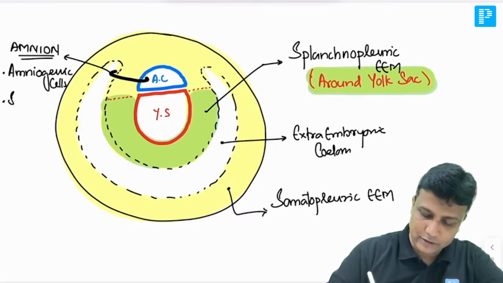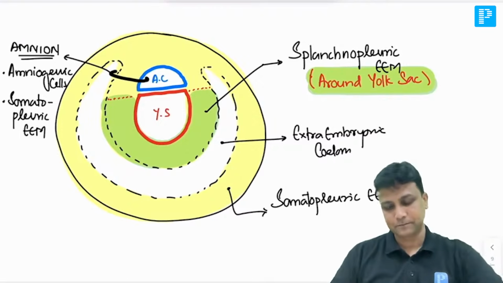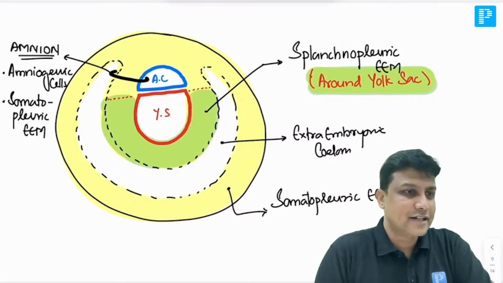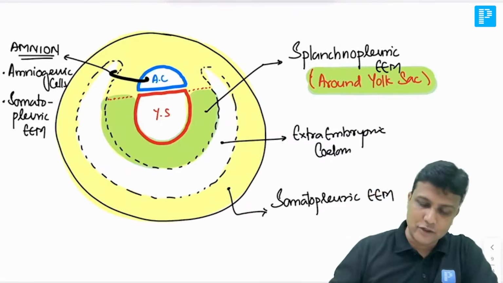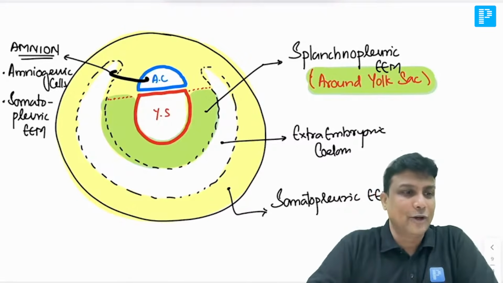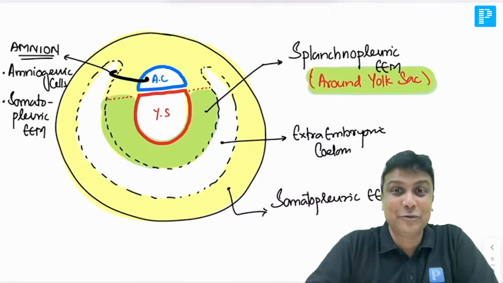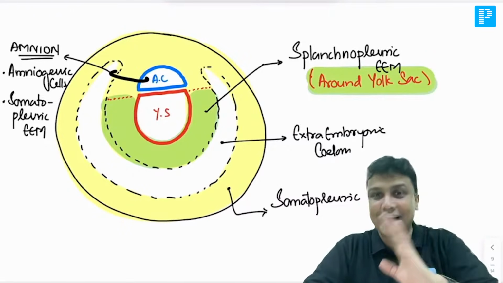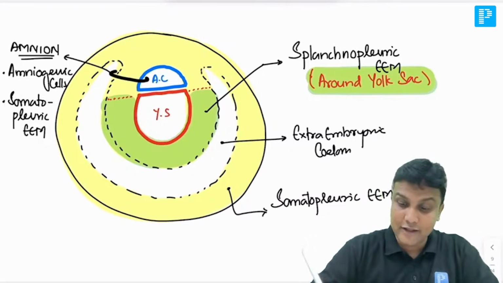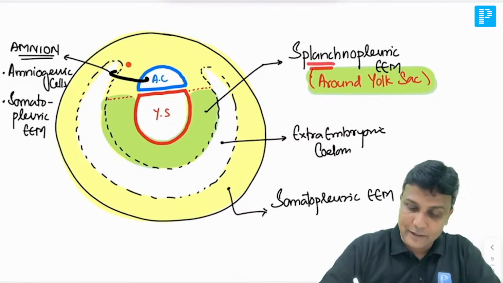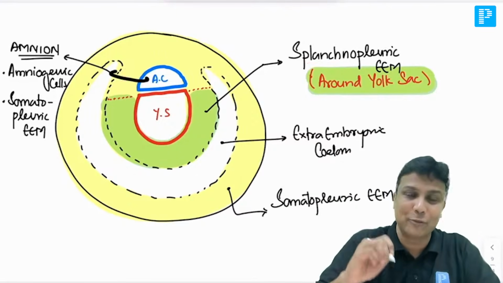The yellow colored one will be the somatopleuric extraembryonic mesoderm. Are you understanding now? The amniogenic cells along with the somatopleuric extraembryonic mesoderm will be forming your amnion. That is why I was repeating again and again that you should have clarity. It is not the splanchnopleuric, it is the somatopleuric.